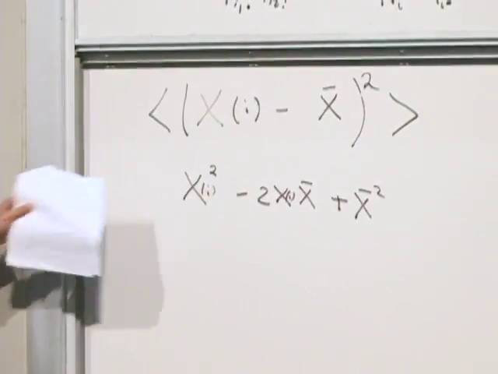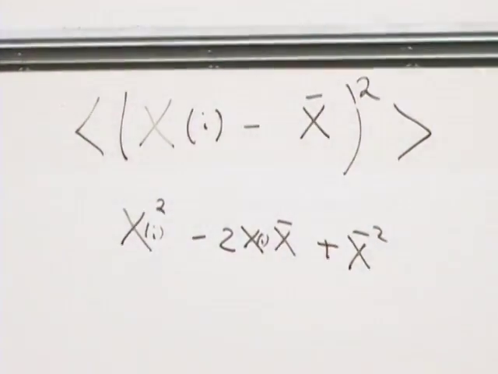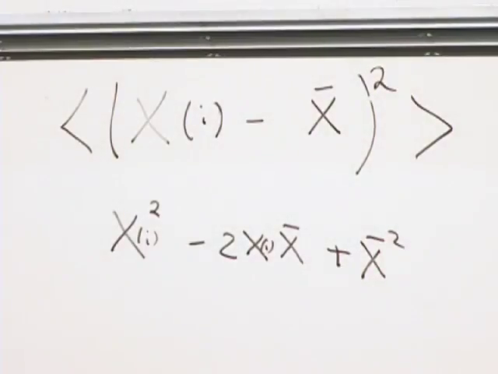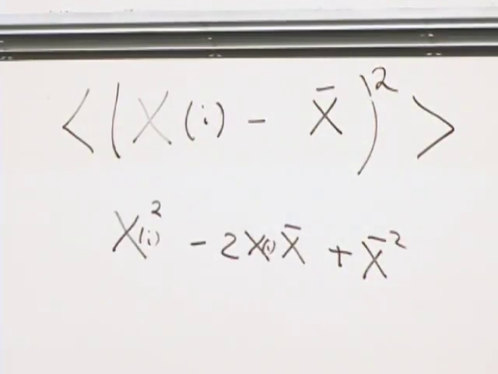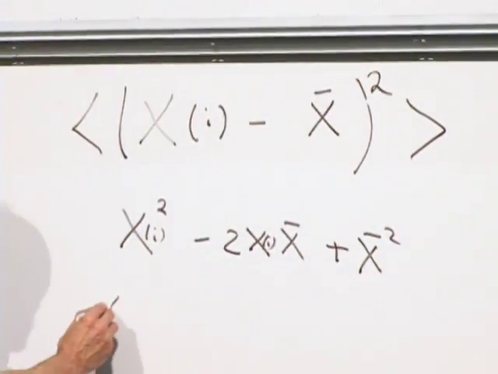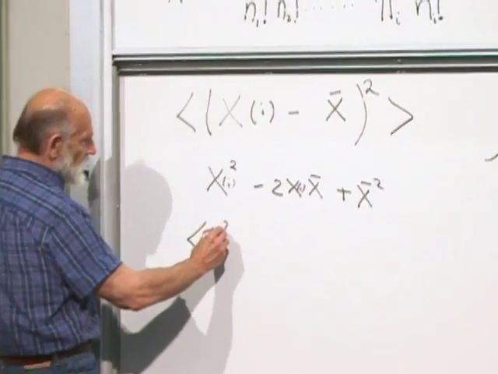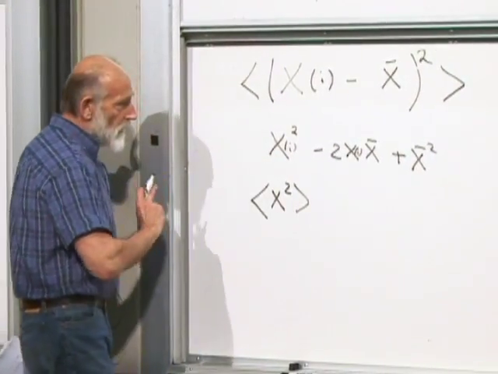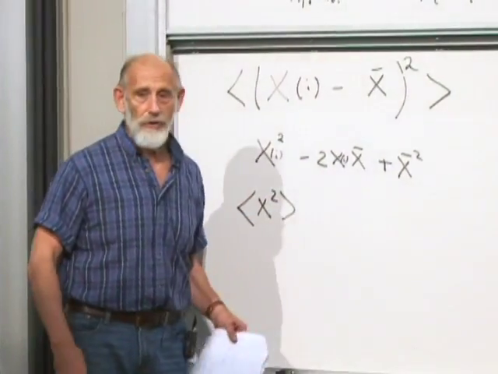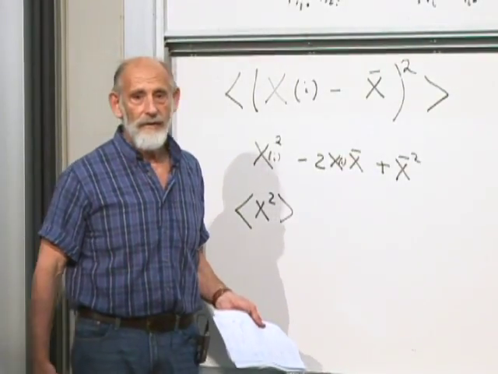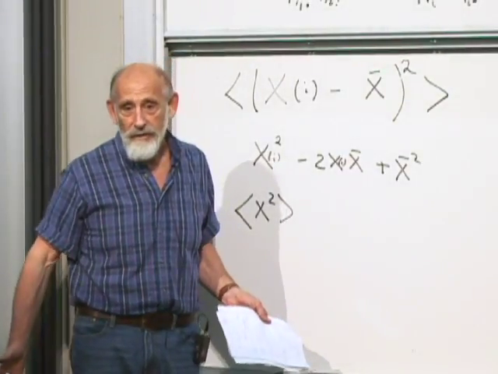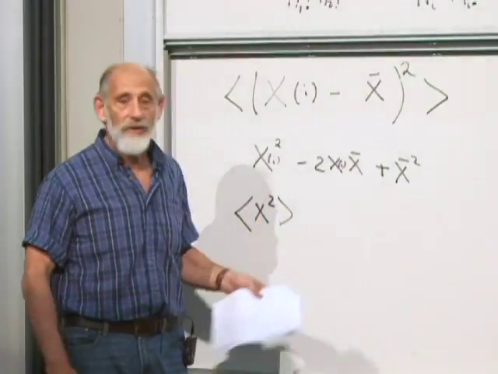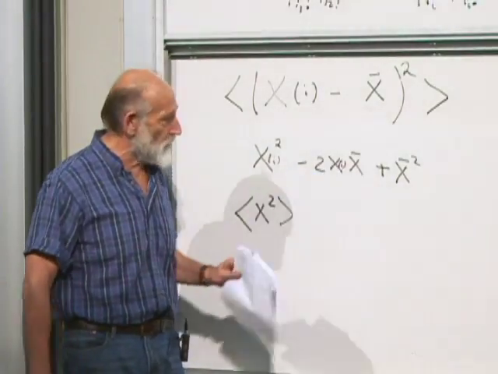And now we have to average this. First of all, what's the average of x sub i squared? Well, it's just the average of x squared. So this here is just the average of x squared. First term. What about the average of x bar squared? It's just x bar squared. x bar doesn't depend on i, it's just a number as far as i is concerned.